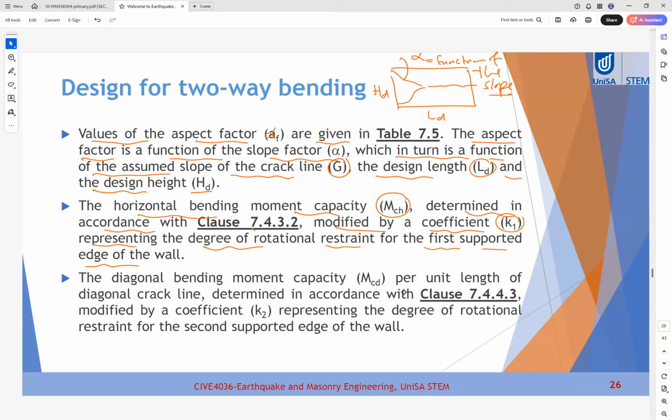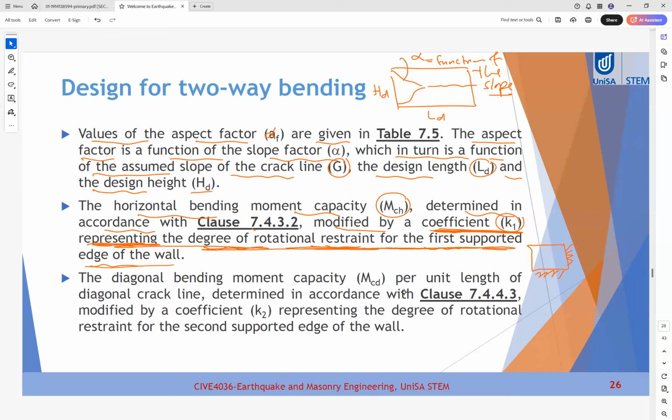MCH and MCV were for horizontal only and vertical only bending, but here because we have a combination of horizontal and vertical support, we need a coefficient K1 to represent the rotational restraint.